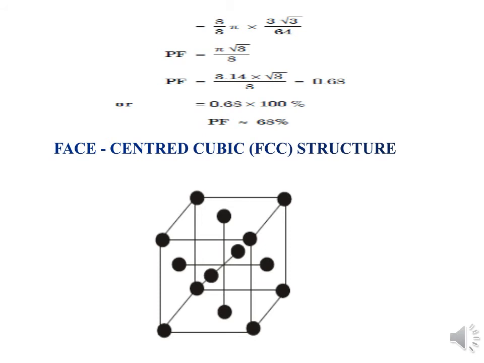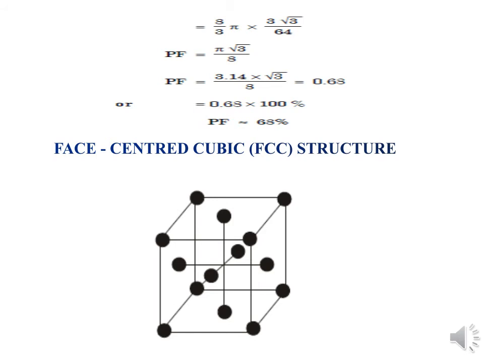Next topic, we discuss the face-centered cubic crystal structure. It consists of 8 corner atoms and 6 face-centered atoms. 6 faces: top and bottom, left and right, front and back. The 6 faces are identified.